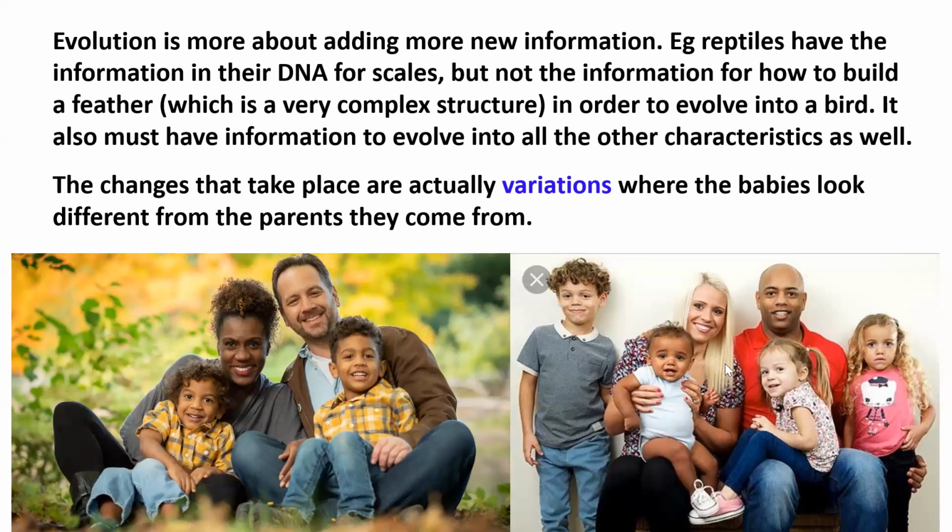And the other three children seem to have a variation, not white skin, and perhaps not exactly like the father either in terms of skin complexion, right? So you can see that the babies that come from the parents have different looks, not because of evolution, but because of variations.